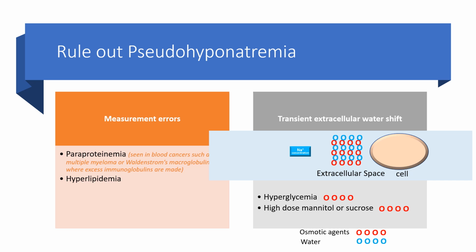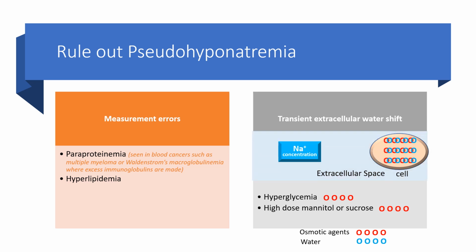In the case of hyperglycemia, cellular uptake of glucose with the administration of insulin will shift water back into the cells and correct the hyponatremia.